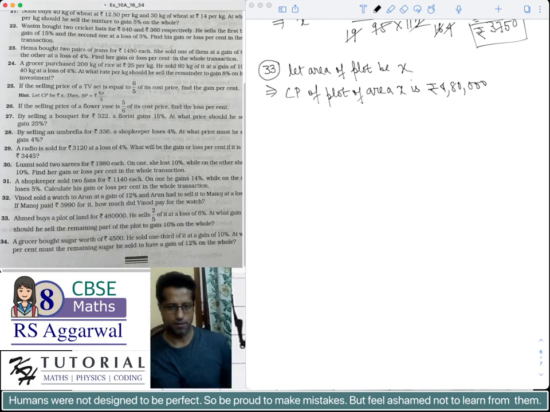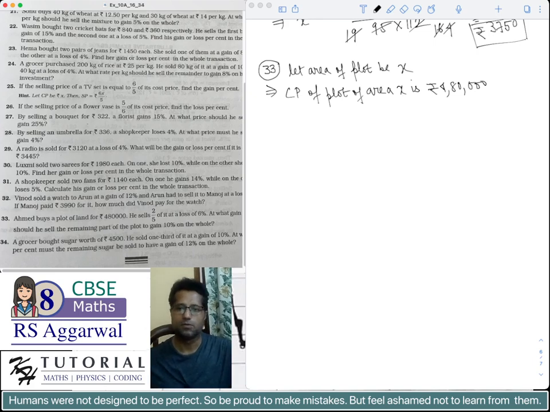So I do not think the actual cost price of the entire plot, which is 4,80,000, will be needed, because 4,80,000 will anyway get cancelled.